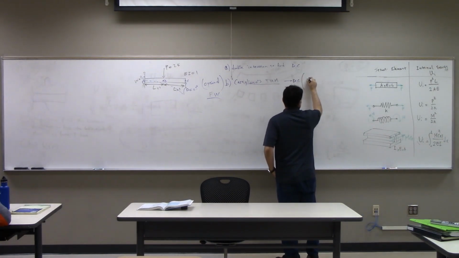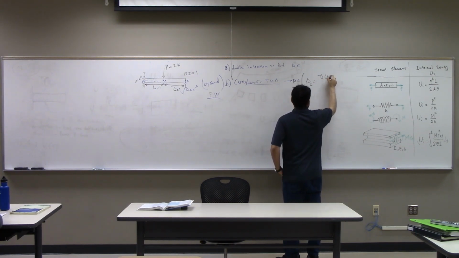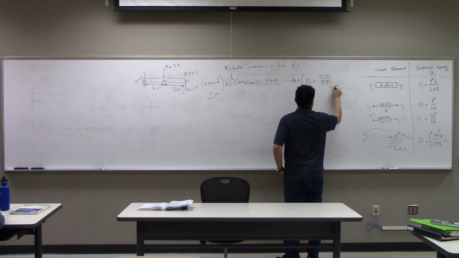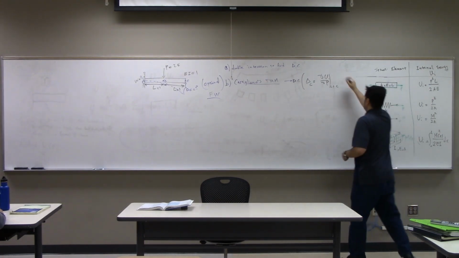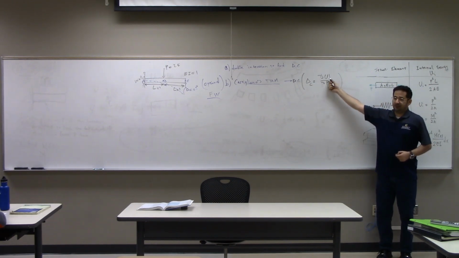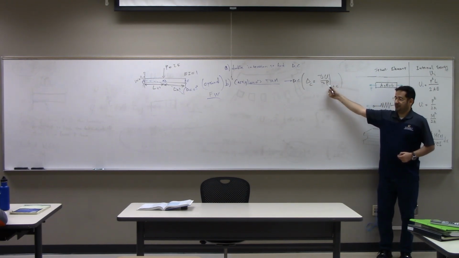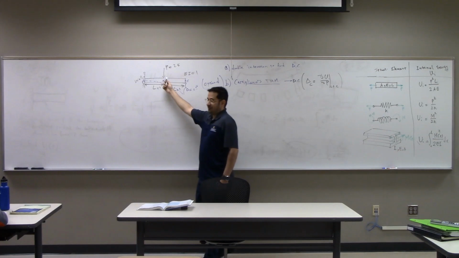You want to say the deflection at point C is equal to the derivative of internal energy with respect to P at C. So this is the important part: the derivative of internal energy with respect to the P that is applied at point C. Right?